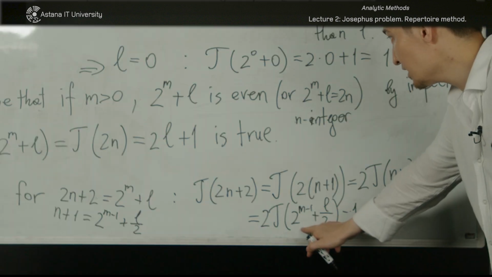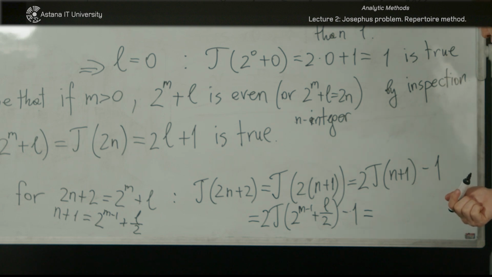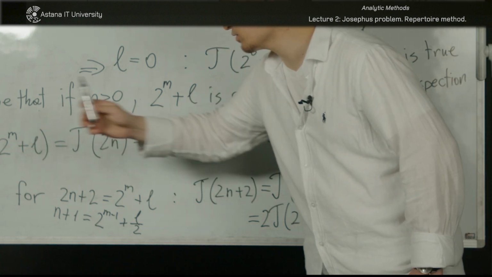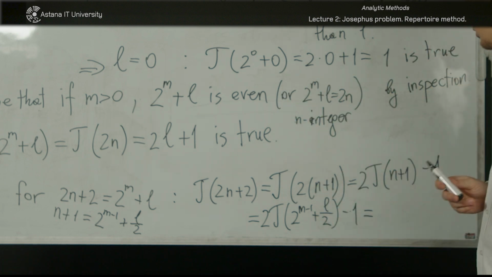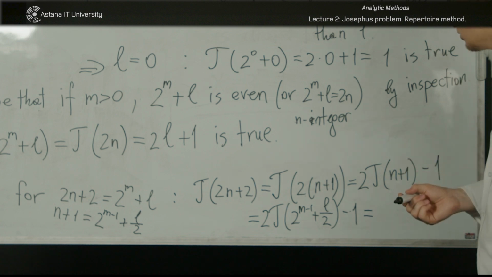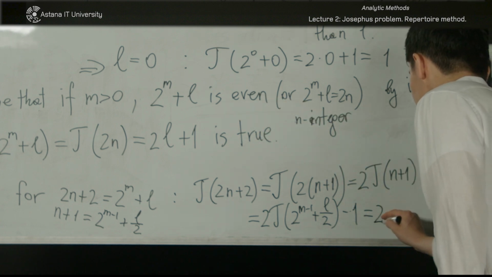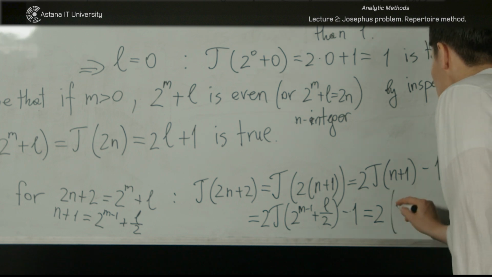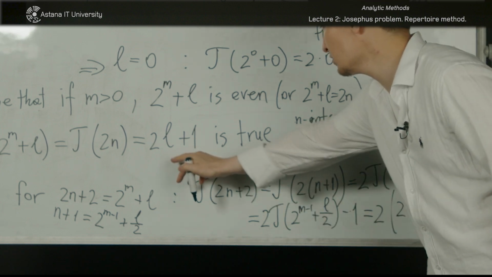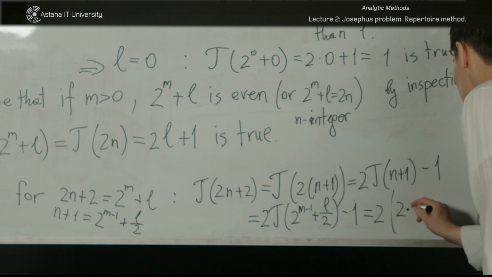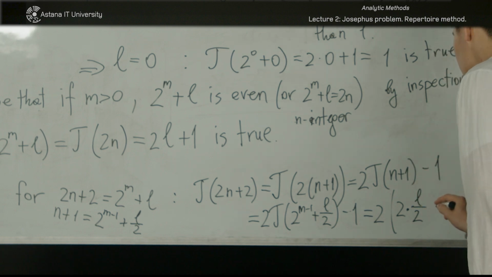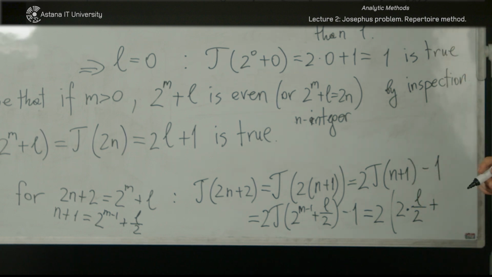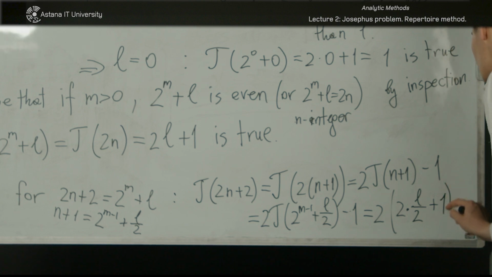So I still have 2 to the power of m minus 1, which corresponds to 2 to the power of m, and plus some integer value. Over here I have some integer value L over 2. So by this logic, I will have 2 times, again 2 times, instead of L, I will have L over 2, plus 1, and outside I have minus 1.